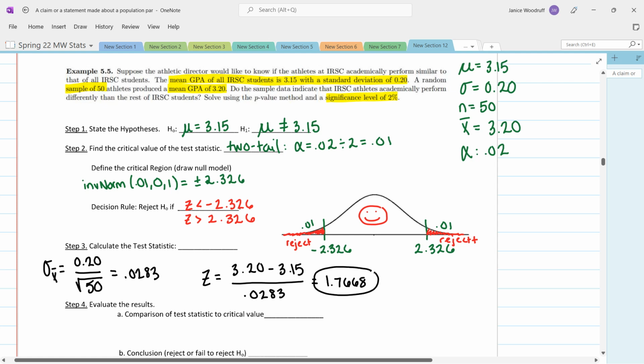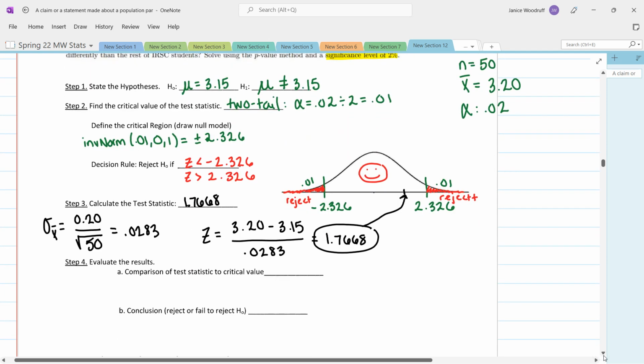Okay, that's going to be our test statistic. If we look at that, that is right there. So that's in that non-rejection region. Okay, so we're good to go there. So 1.7668 is less than 2.326, which means here, what we would say is fail to reject the null.